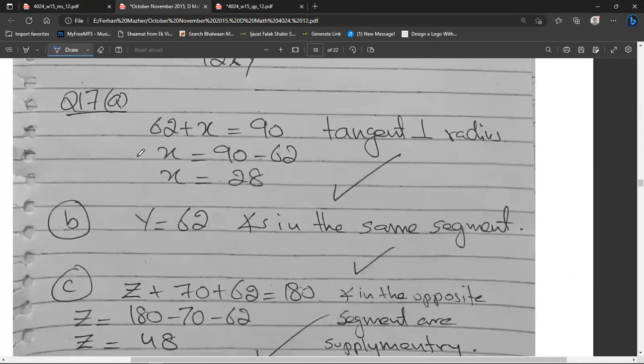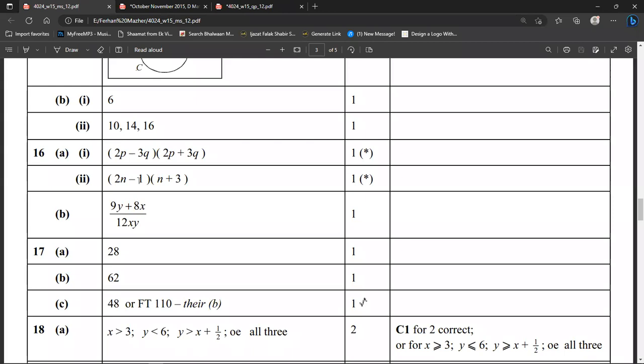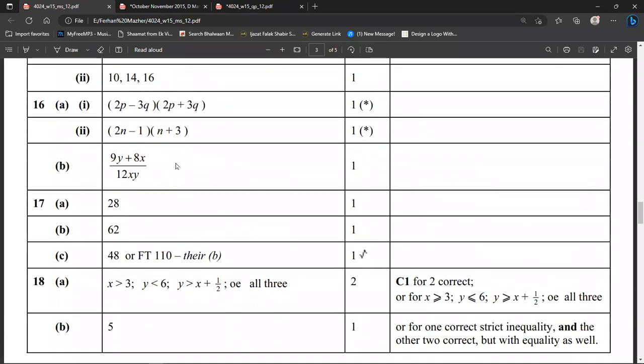So x will be equal to 90 minus 62, which is 28. So x is 28, and 28 is the right answer.